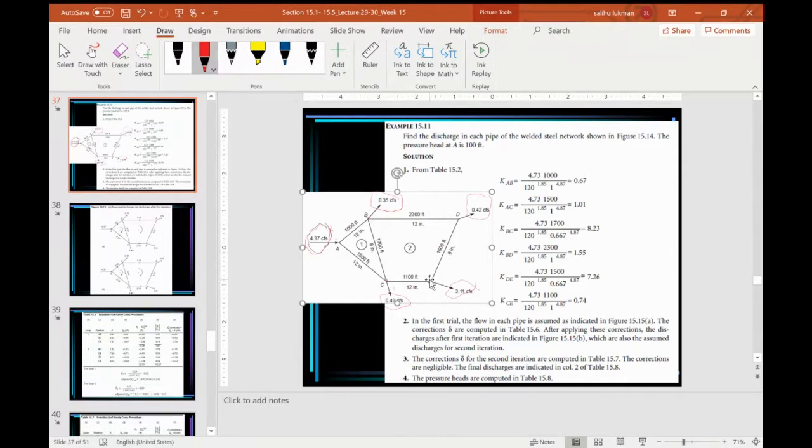And then for node E, the final one, so here we add the fire flow here, okay, and we have flow from CE and DE, okay.